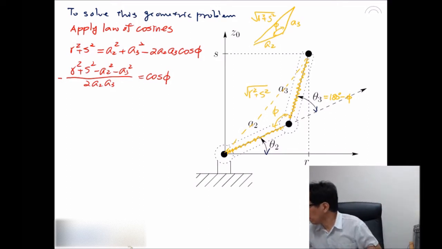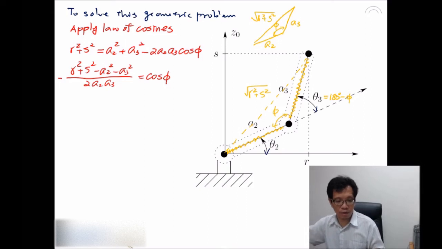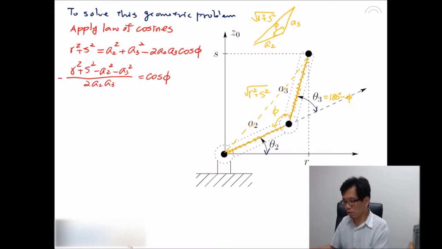So when we are using this configuration over here, it would be straightforward for us to figure out what's going on as phi. Let's just take the cosine inverse of this specific calculation.